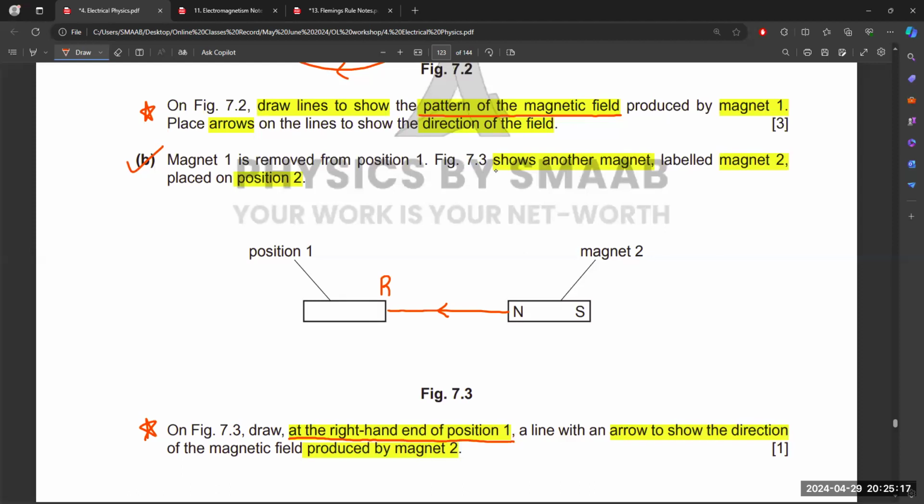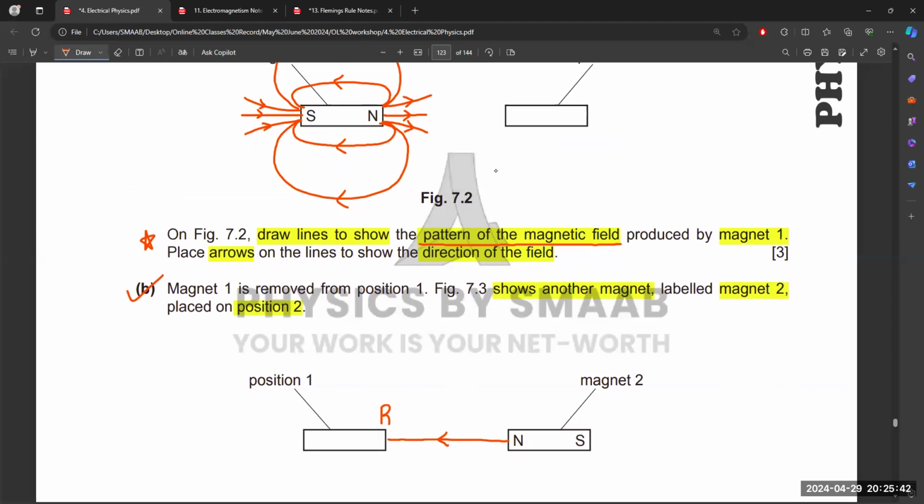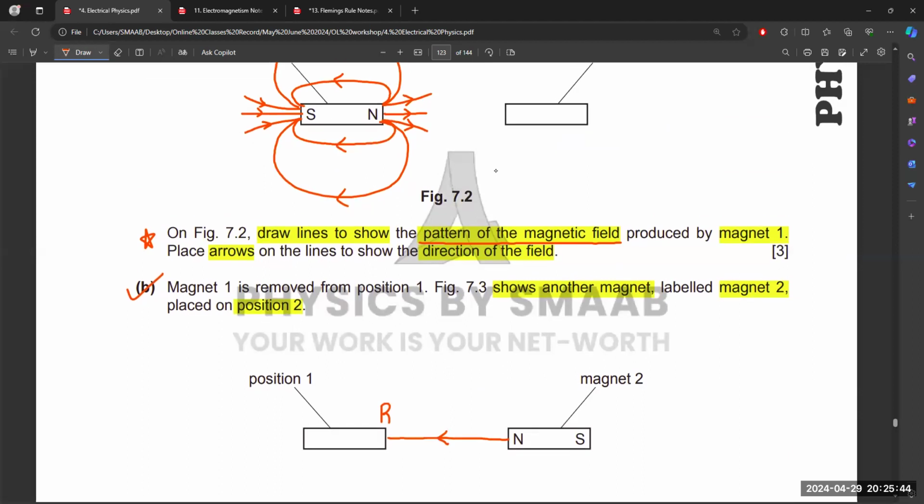And they only ask to draw a line with an arrow. So that's why we only draw one line on the right hand side of position 1 produced by magnet 2. Because at position 1 we have nothing. There is no magnet in position 1 right now. It was there in diagram 7.2.